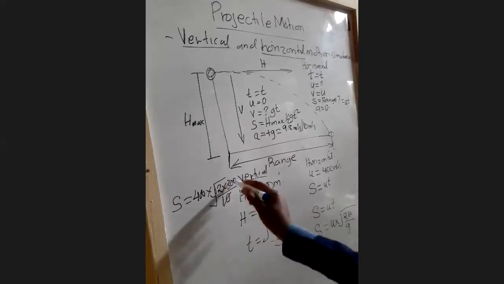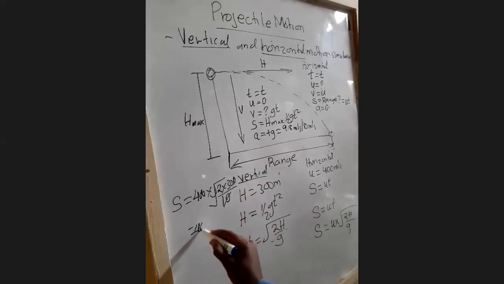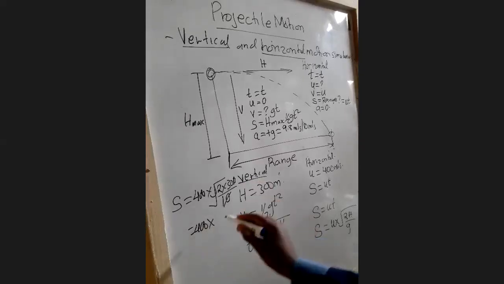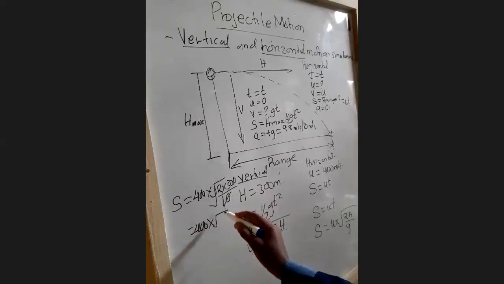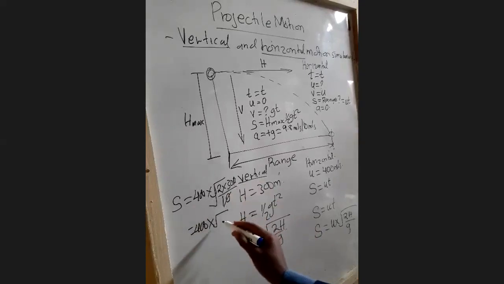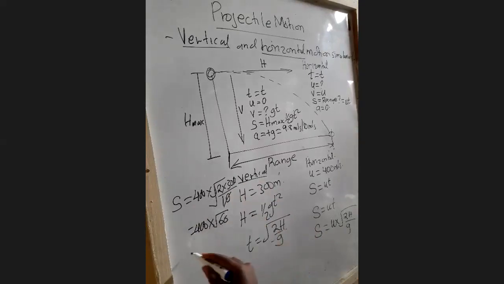That gives 400 times the square root of 60, and then you will get your value in meters. That was question 5.